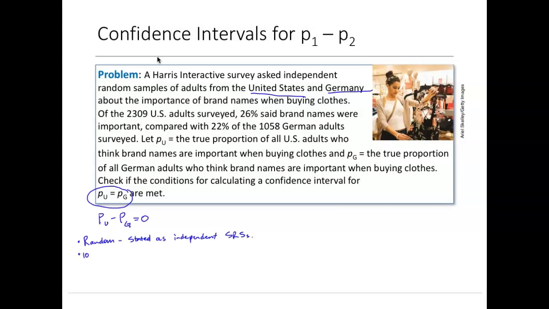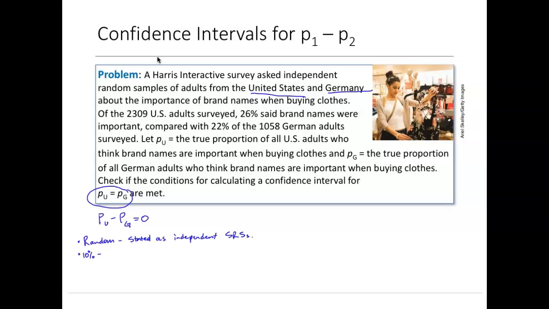All right, the 10% condition is the one we have to check to make sure it's okay to use the formula for the standard error or standard deviation of the statistic. So here, the way we want to do it is just multiply each sample size by 10.